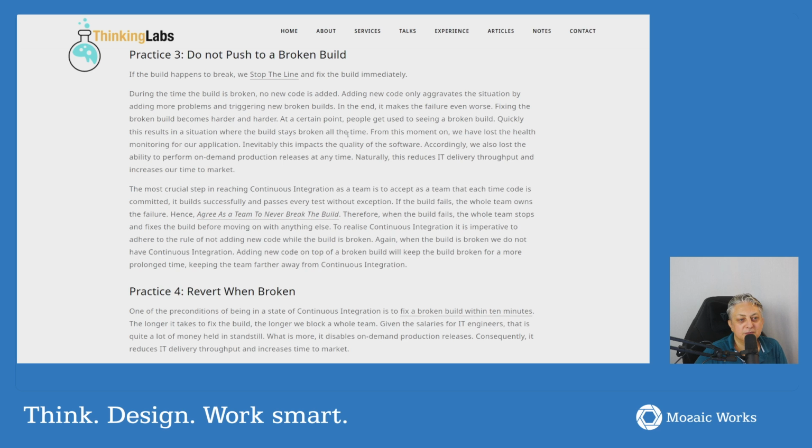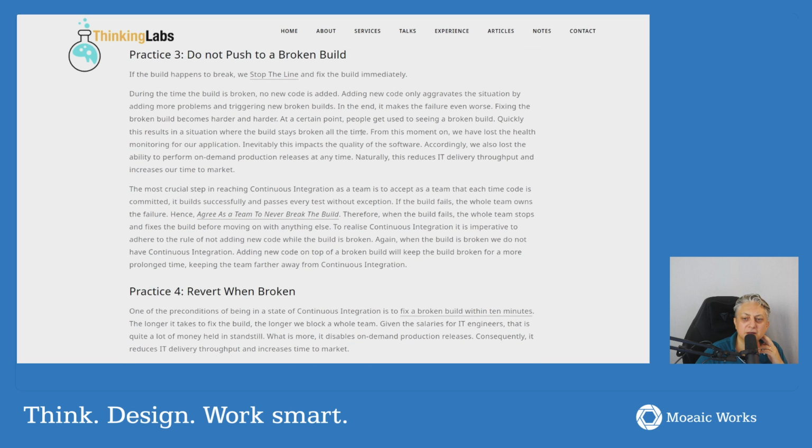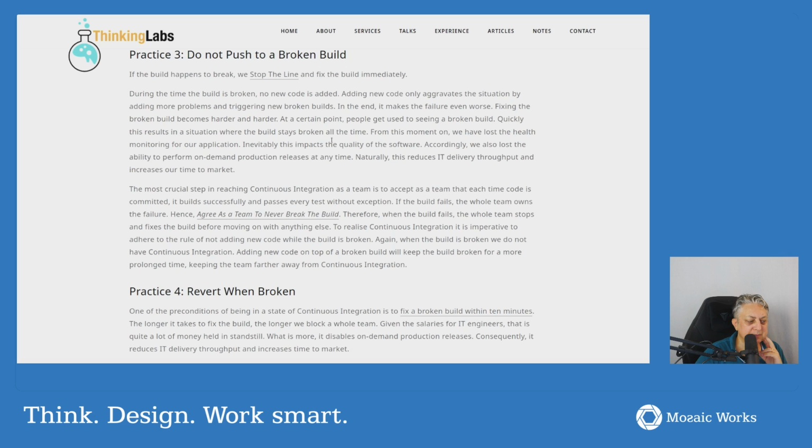And there are two ways you could do this: by rotation, or it could be the person who pushed and broke the build, which I think is probably the best. And second, I think what you need to do is to learn from these mistakes and to see what you need to do differently.